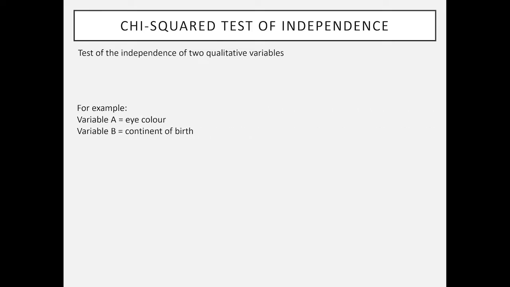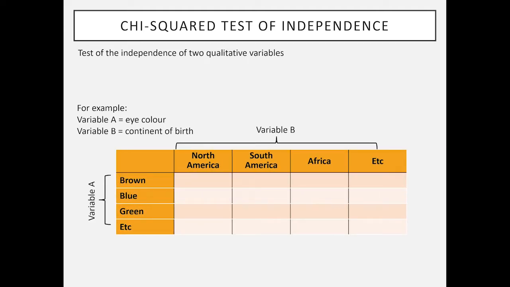Let's take a quick example. The eye color and the continent where the person was born. What we'll be doing is collecting data, for example, a person's eye color, blue, green, and so on, and also what continent they were born on. You'll notice that these are completely arbitrary. I can put variable B on the right-hand side, variable A across the top.